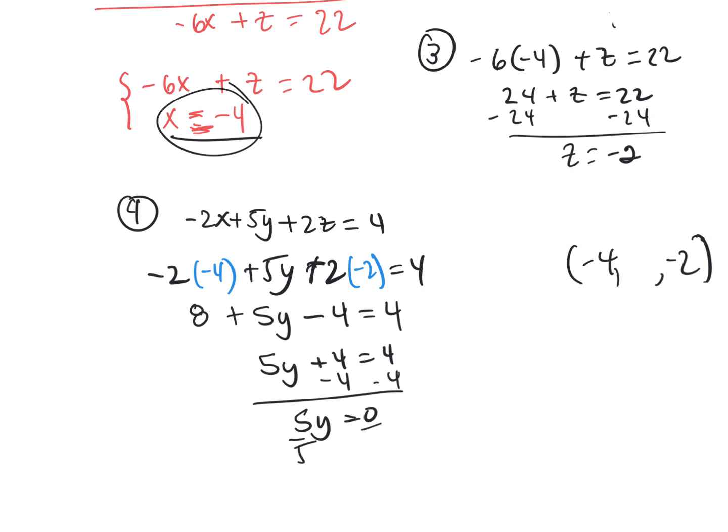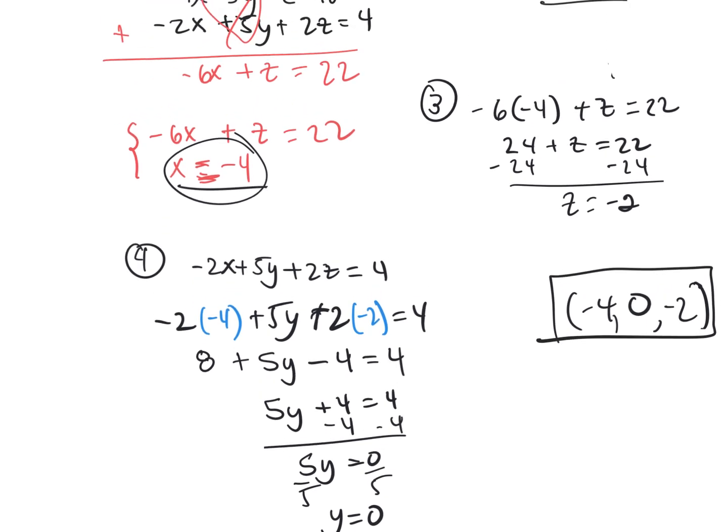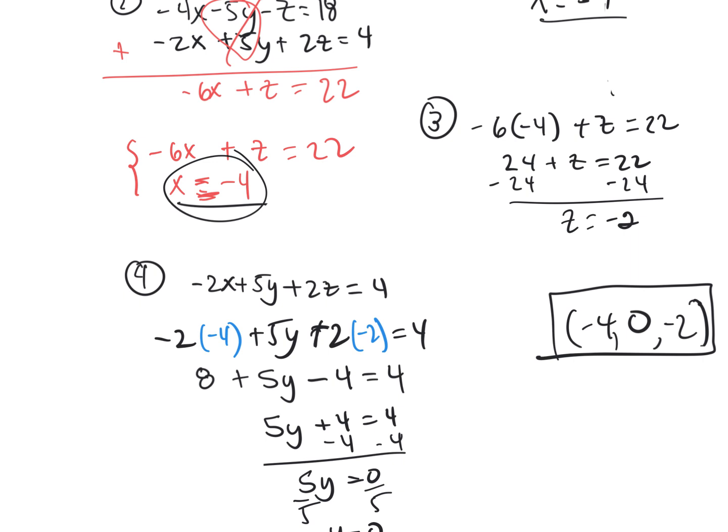Divide by 5. So 0 divided by 5 is 0. So this point is (-4, 0, -2). Now this one was a little bit different. The only difference was that this system right here, I got one of those. All right, let's go on to the next example.